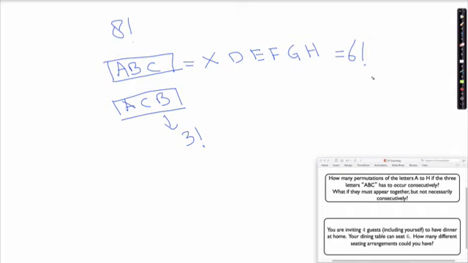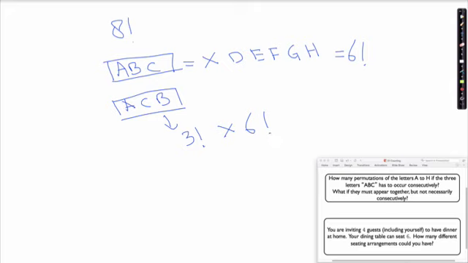So for every permutation that we can get here, let's say X is in the first place, there are going to be 3 factorial ways to arrange the 3 objects to occupy this X. So in that case, the total number is going to be 3 factorial times 6 factorial. Now this is the answer to the first question here that is in the first part of the slide.